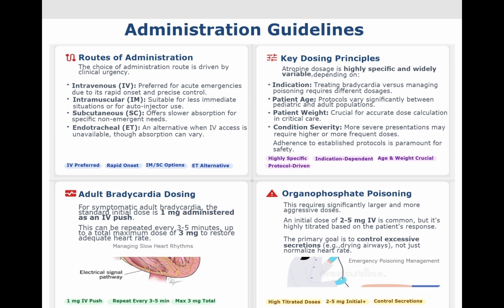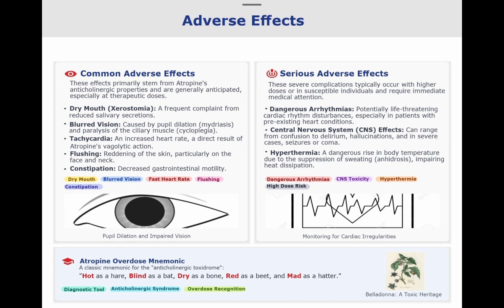As with any potent medication, atropine carries a distinct profile of adverse effects, which are a direct extension of its anticholinergic properties. Common side effects, generally dose dependent, include a profound dry mouth due to reduced salivary gland secretion, blurred vision, and photophobia resulting from pupillary dilation and paralysis of accommodation.